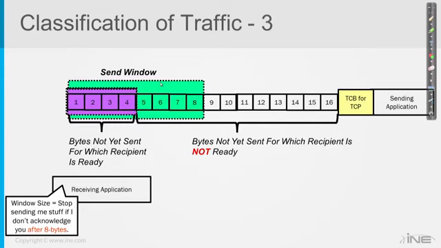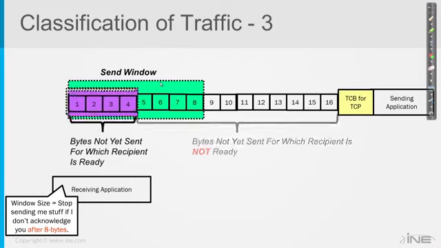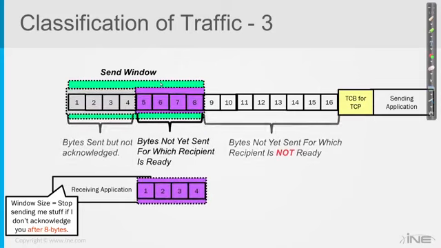Now, because we're ramping up slowly, the server says, well, I'm going to start out by just sending 4 bytes, and see how he does with that. Remember, my send window said at maximum I could have 8 bytes outstanding at any one time, but I only sent half of that. I only sent 4.